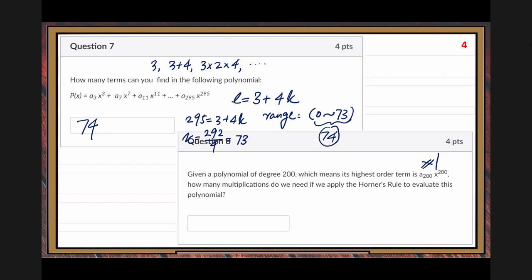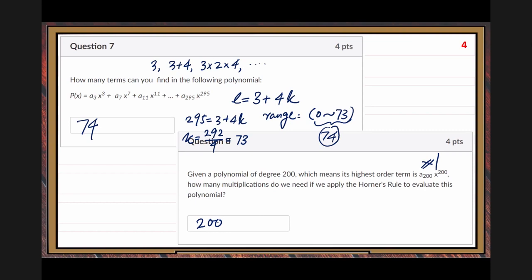If it's the constant 1, you need degree minus 1, because the last multiplication you do not need to do. That's 1, so why do another multiplication? But here it's a general number, not a 1, so we need the full number of multiplications. That is 200. So that's one difference, but we try our best to write the answer.